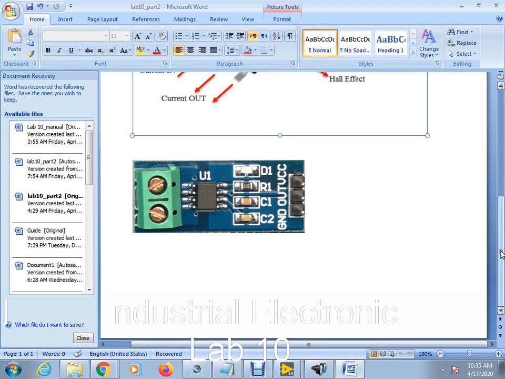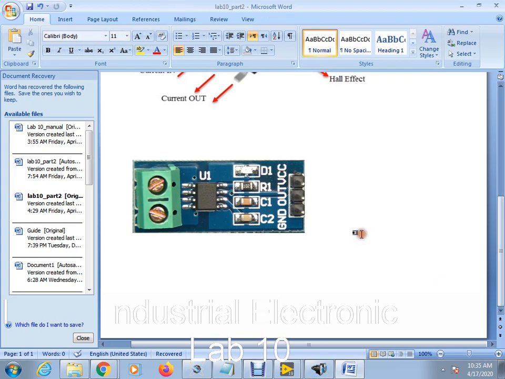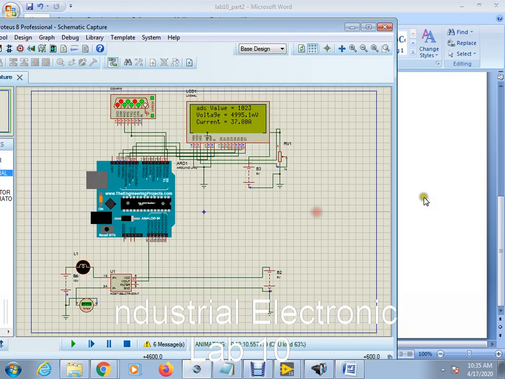Now we have to discuss some features. This is the circuit diagram of our simulation.